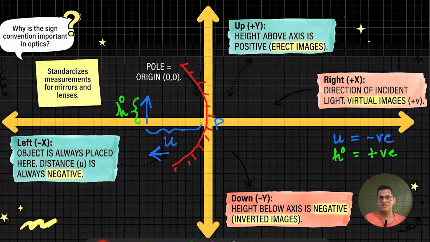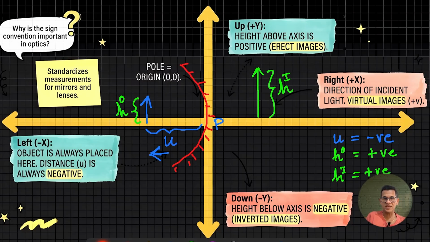Height of the image, whether it is to be taken positive or negative, depends on the nature of the image. If the image is virtual and erect, and as we know, these images are formed behind the mirror, the height of the image, which is given by HI, will be taken as positive.